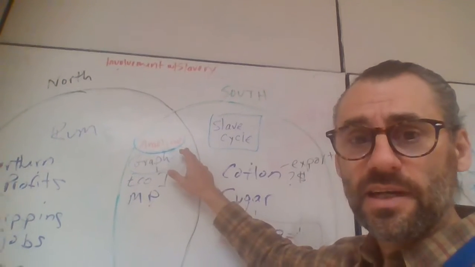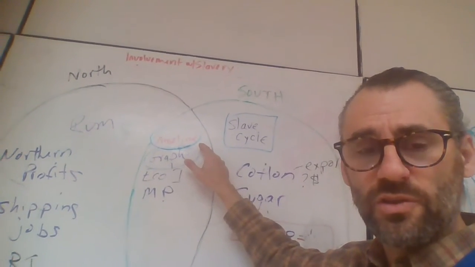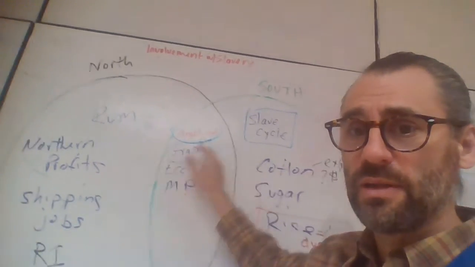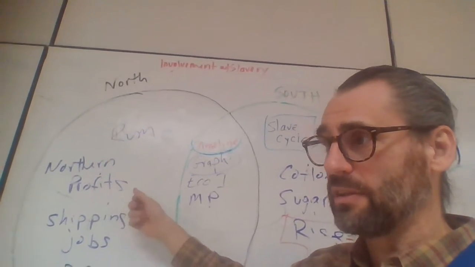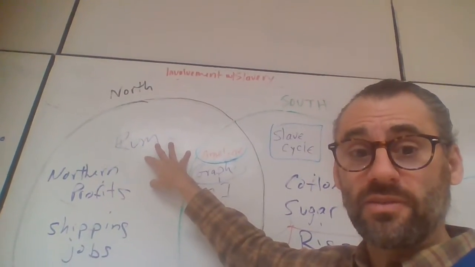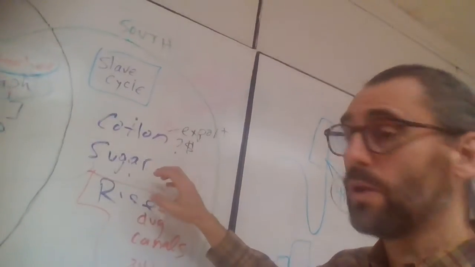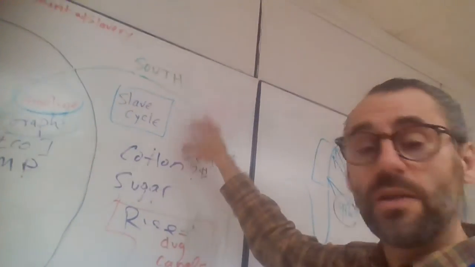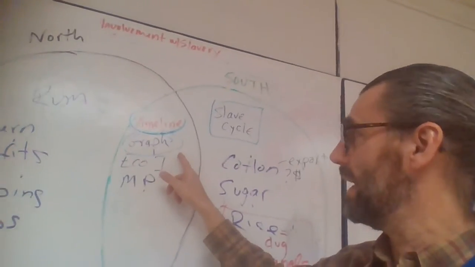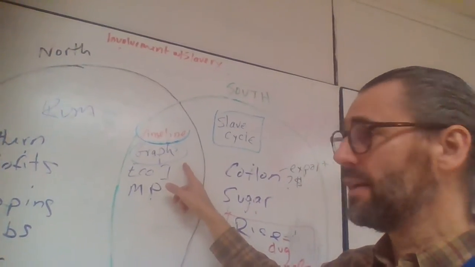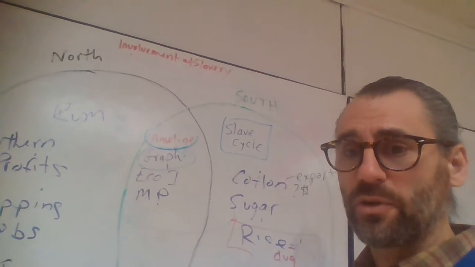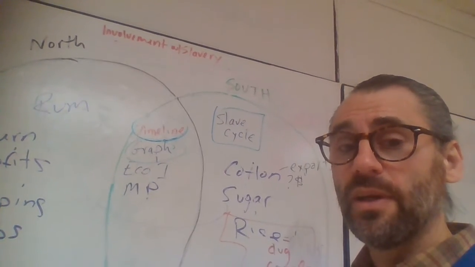Now, if we looked at that timeline and we wanted to use one of the laws as evidence, we could use the 1641 Massachusetts law legalizing race-based slavery. That would fall in this category. If we used one of the laws that Virginia made, we would put it in this category. Another resource we have is the graph here, graphing information on slaves being transported across the Atlantic Ocean.